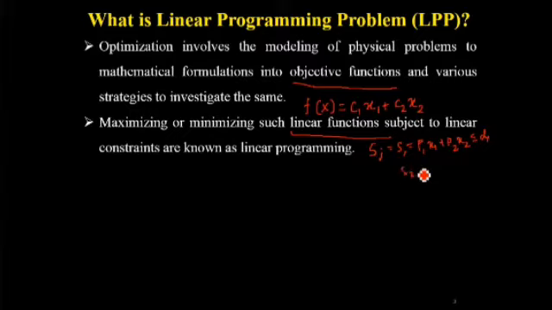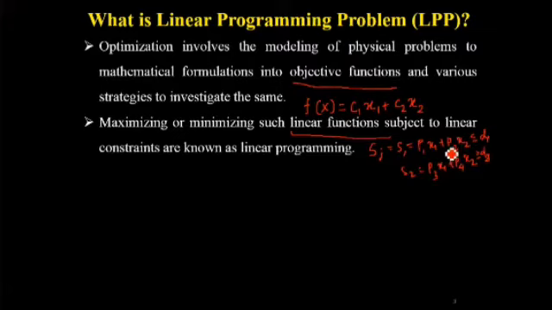Similarly, s2 maybe we can write as p3 x1 plus p4 x2, and here maybe greater than or equal to d2. Here also you can see that the power, or the exponent, of x1 and x2 in all cases is 1.